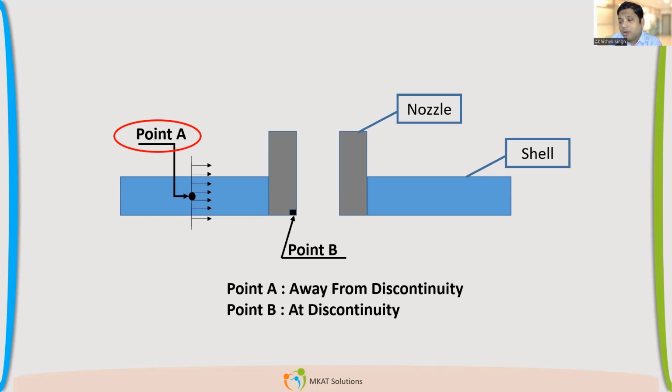Now if I raise the pressure to the design pressure, what will be the value of stress at point A? This is the design pressure inside the vessel. When we calculated the thickness, we did it for this design pressure, so you got 10 mm thickness.